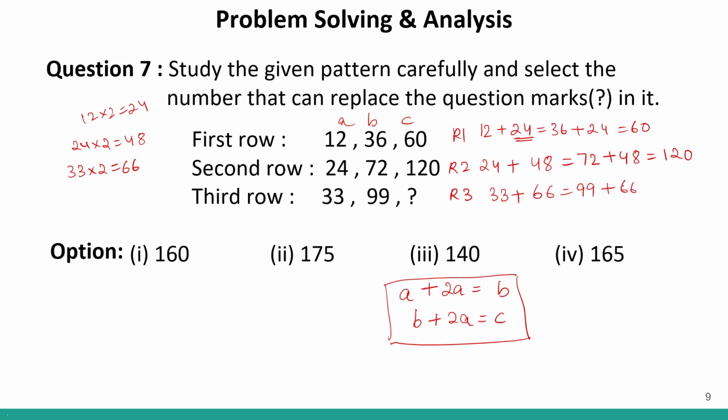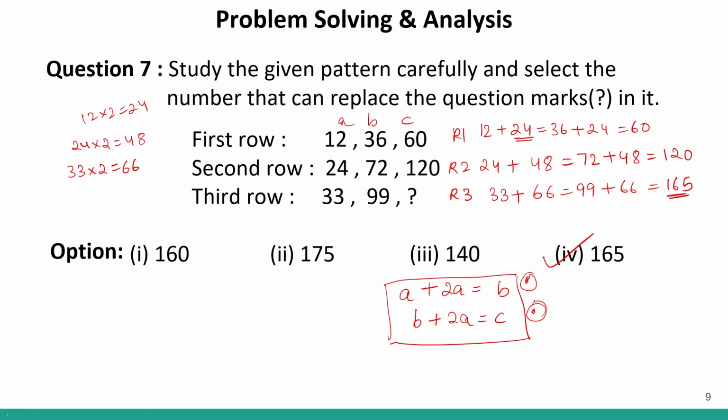So 99 plus 66 will give me 165. So my answer will be option number 4, 165. This will be my correct answer. So over here we broke down the logic into two parts, first part and second part, and then we solved the question. Okay. Clear?